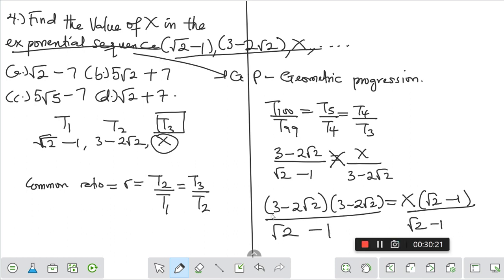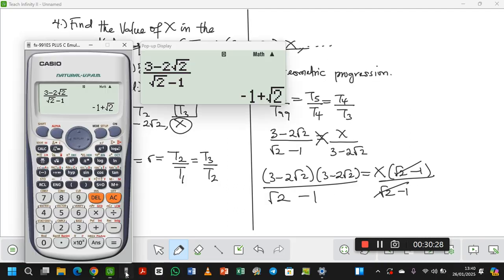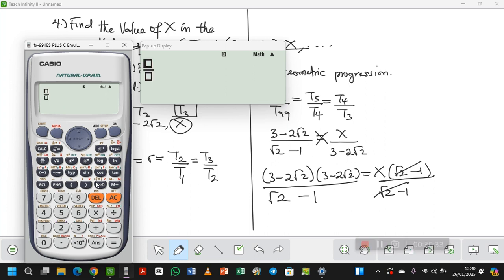And mind you, you are doing CBT. So instead of passing through all this stress, let's bring out our calculator and press it. Notice the way I'm pressing it. Anywhere you see brackets, you must put it there. So 3 minus 2 root 2, divided by root 2 minus 1.